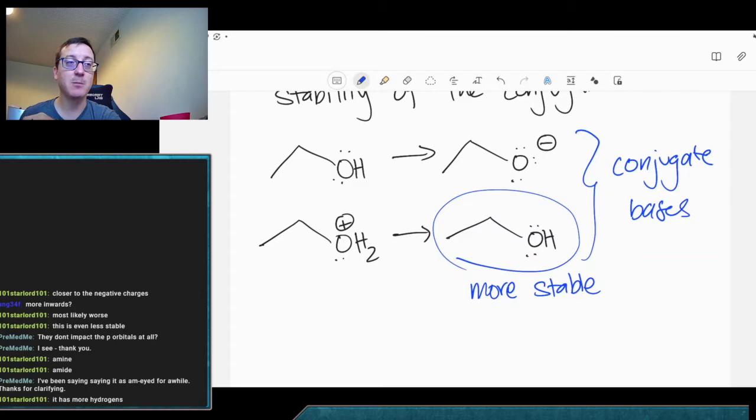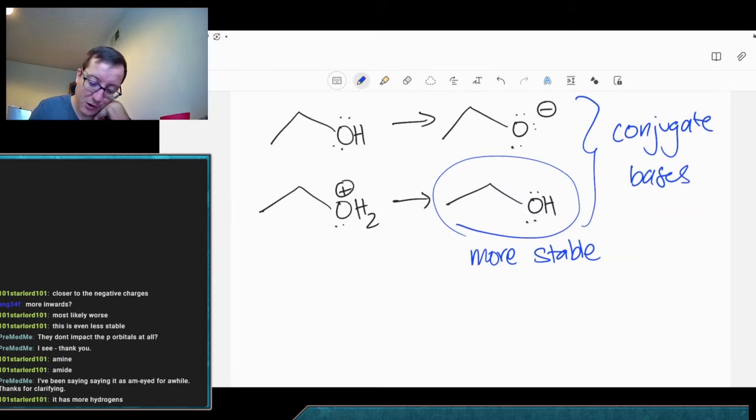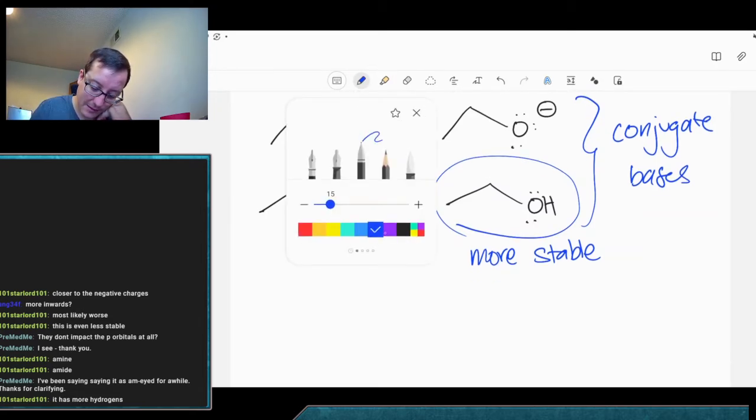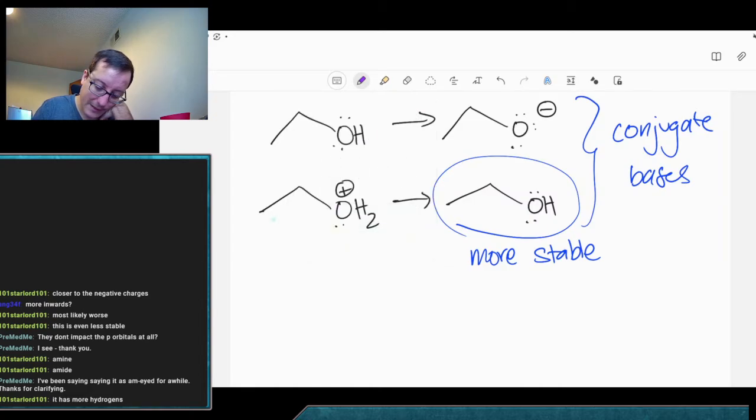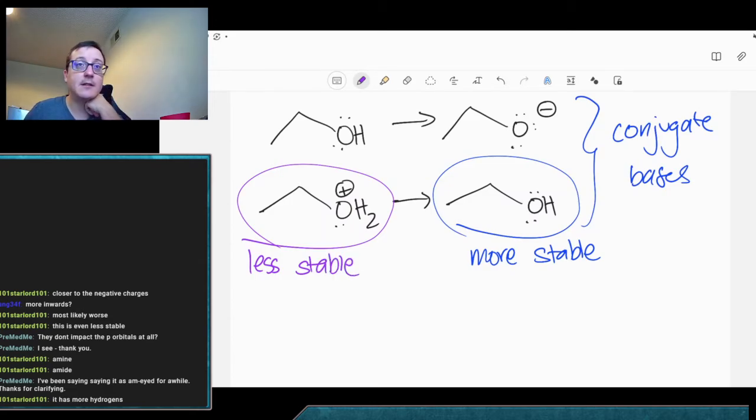If the conjugate base is more stable, that means our starting material is more likely to form that conjugate base. The more stable your conjugate base is, the less stable your acid is. And, as we perhaps remember, less stable is the same thing as saying more acidic.